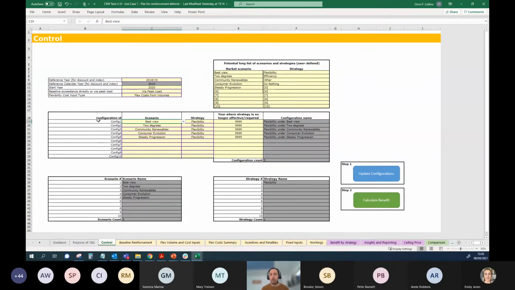This tool allows you to look at conventional reinforcement and flexibility under all those scenarios simultaneously. It also lets you look at different strategies simultaneously. You may have a flexibility strategy versus doing nothing, taking some sort of risk, or doing different types of flexibility. You can compare up to 10 strategies or up to 10 scenarios or combinations thereof, and it's up to the DNOs how to explore that uncertainty. There are a few other inputs I might come back to, but there's detail in the user guide if you want to get into that.